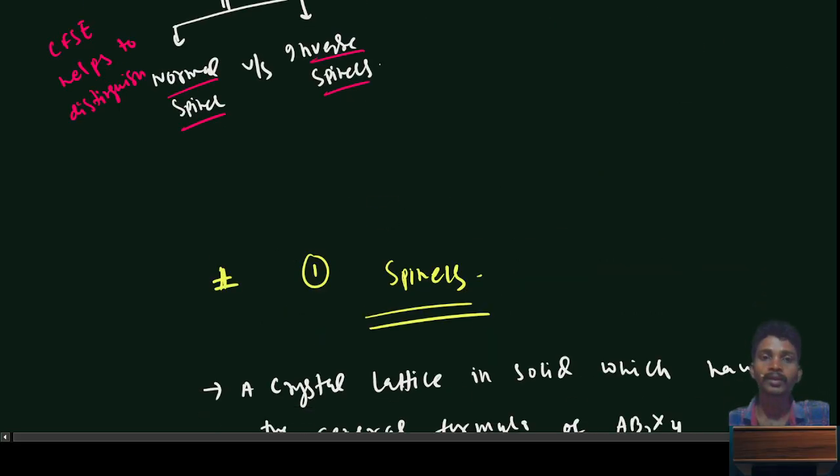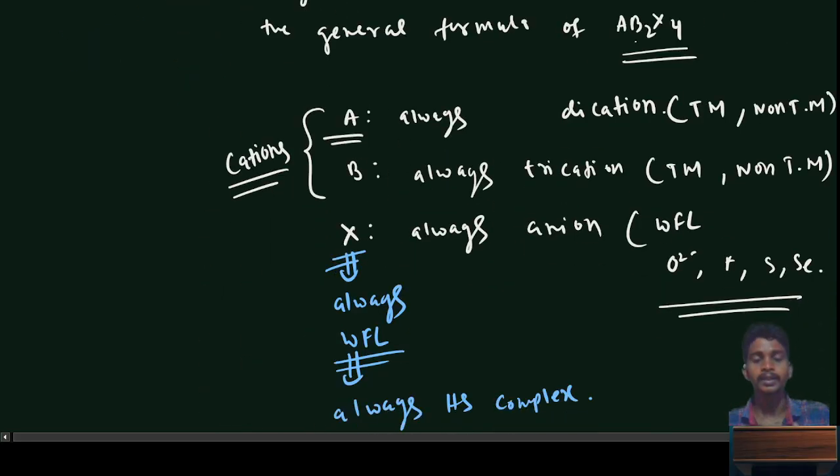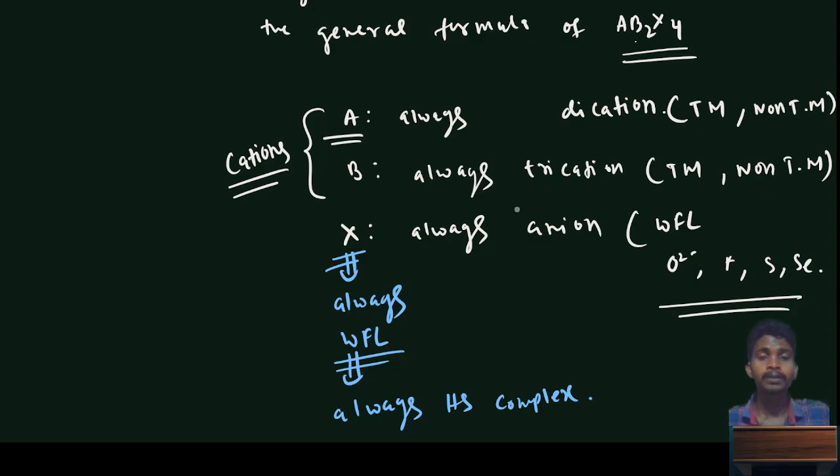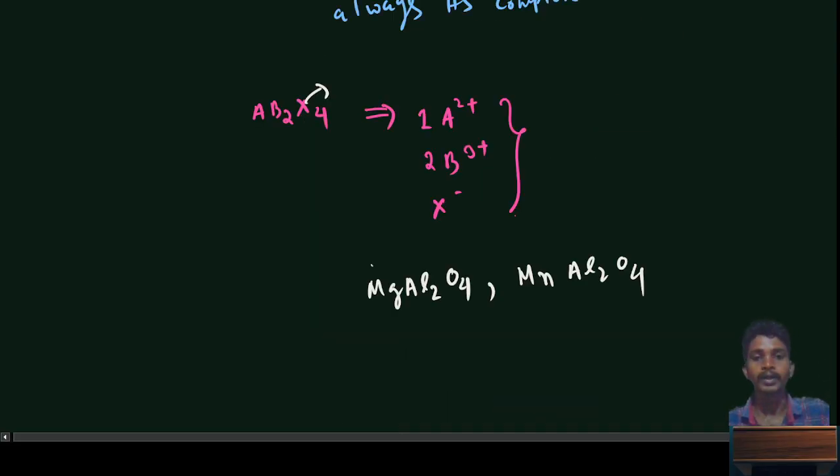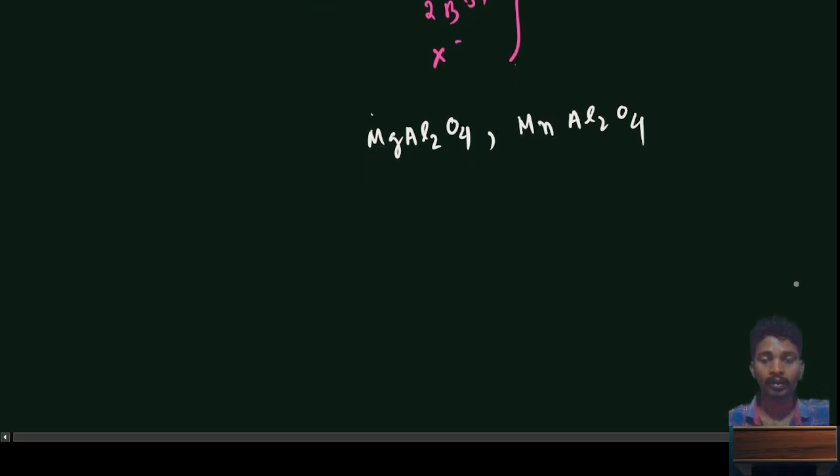Our work is not to say how many Spinels there are and which cations they contain. The main task for this application of CFSE is to distinguish between normal spinels and inverse spinels. So what are normal spinels and what are inverse spinels?